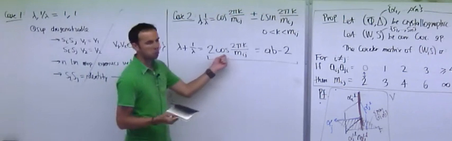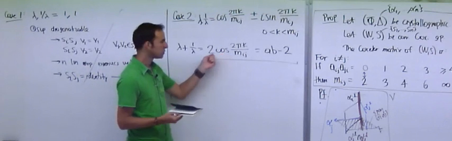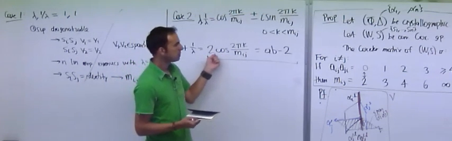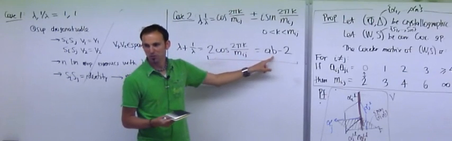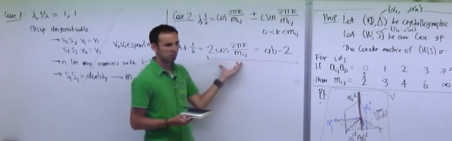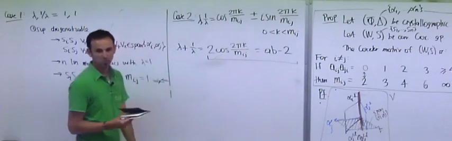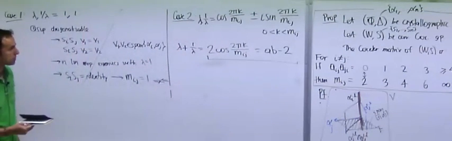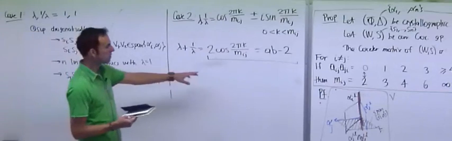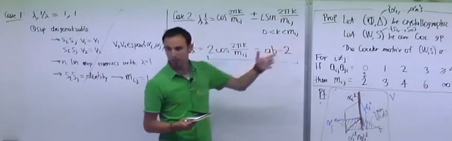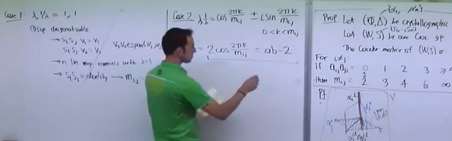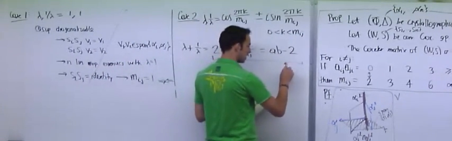Because this is some cosine times 2, but if you remember, a and b are integers. Okay? And so it should look very strange to you that some cosine multiplied by 2 is an integer. But that's what we just proved. Remember, it's key to remember that a and b are integers because they're the numbers that go in the matrix. That's how we define them. Okay? So by looking at the right-hand side, we know that this is an integer.